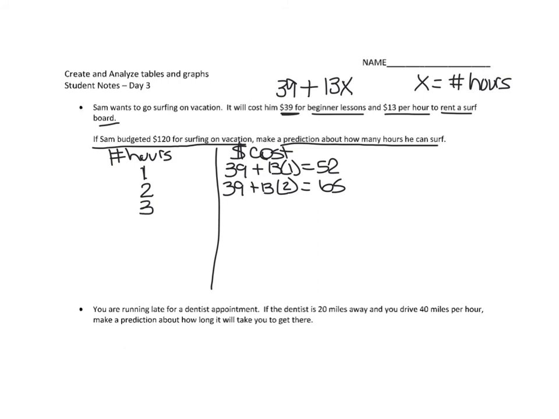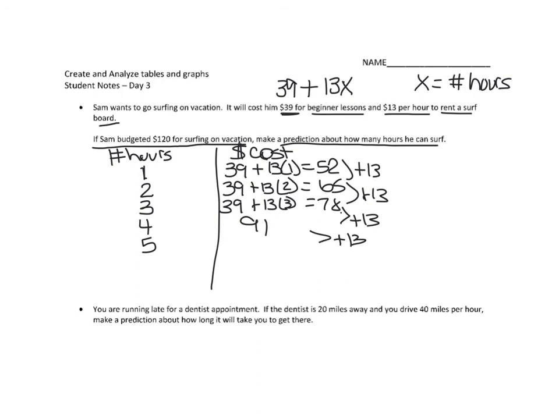If you did 3 hours, it would be 39 plus 13 times 3, which is 78. And what are we doing each time here, y'all? We're going up for that additional hour, $13, right? So let's just start going up by 13. So 4 would be, we add 13, it would be what? So 91. And 5 hours, plus 13, would be 104.